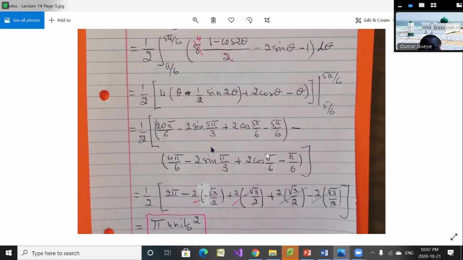Cosine of pi over 6 is equal to root 3 over 2. And you guys notice, these two terms cancel out, and these two terms also cancel out. So the bracket becomes only 2 pi. You multiply by half, it becomes pi. And pi is, in this case, the area of the region bounded by the two curves.